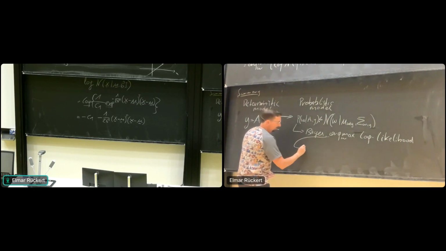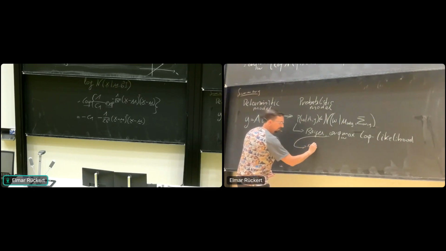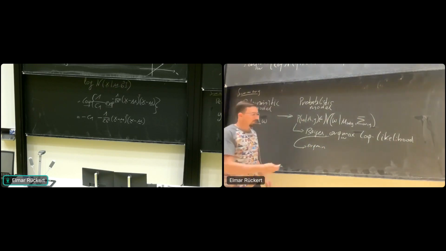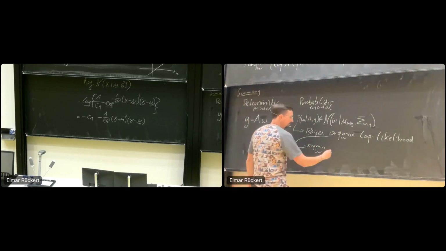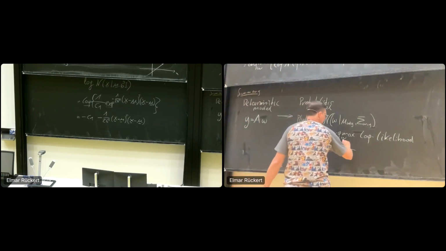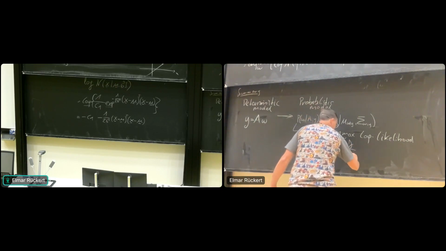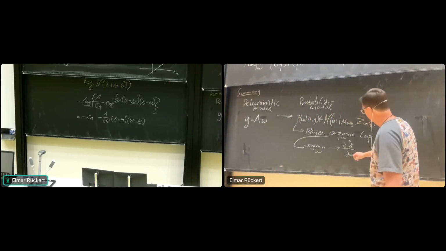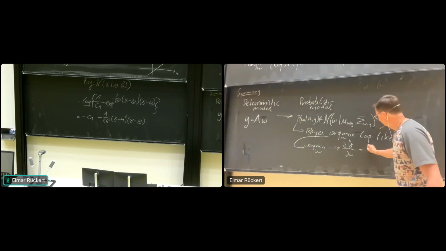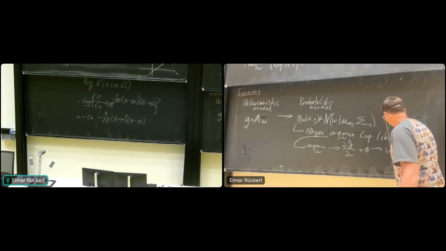Turned the argmax into an argmin problem over W. We computed the derivative of our objective with respect to our parameters, set it to 0, and solved it for W star.